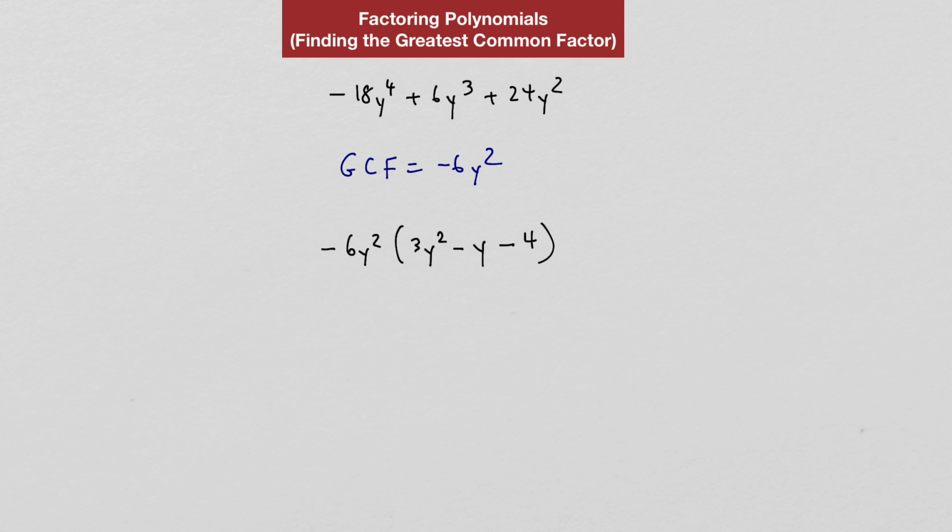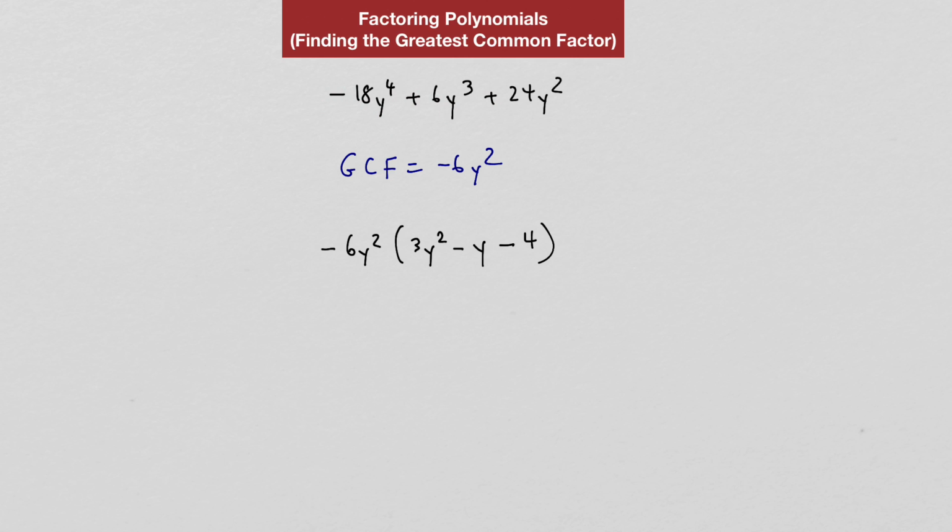And then if we were to multiply negative 6y squared by negative 4, we would get positive 24y squared. Now, one thing to note, if you take a look, you see how these signs changed? This is now positive, negative, negative, whereas what we started out with was negative, positive, positive.